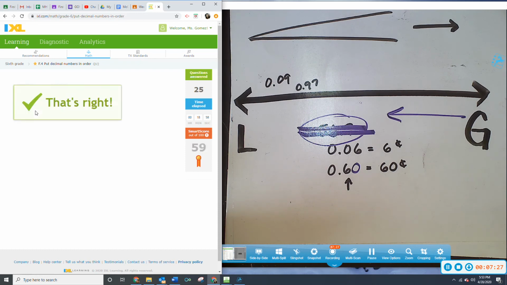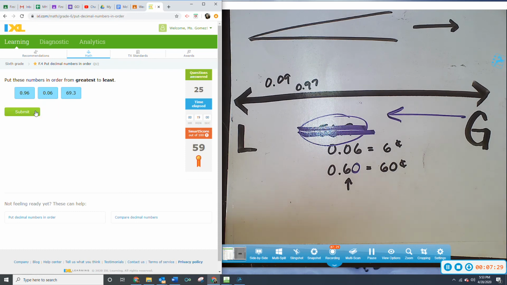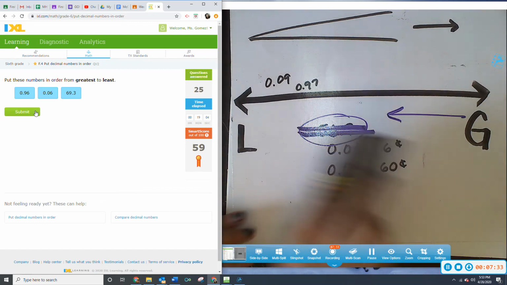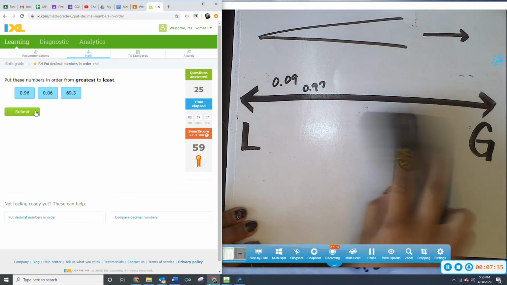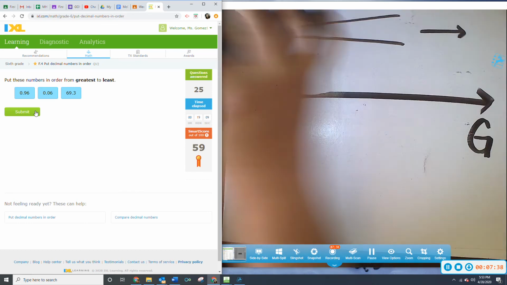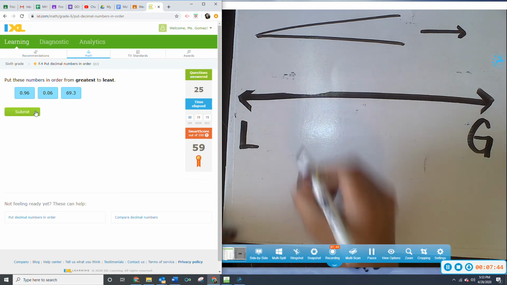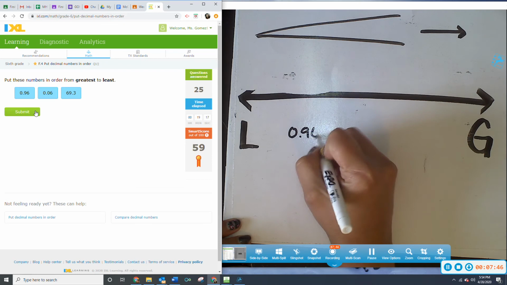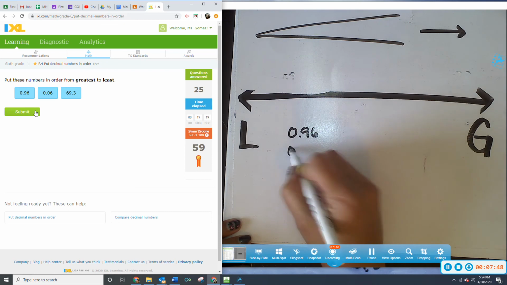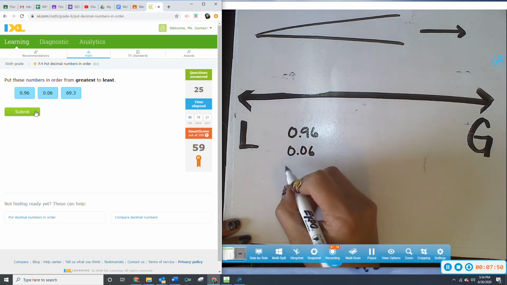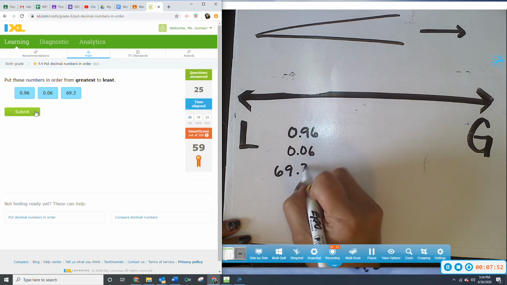Let's move forward. Ooh, this one is nice and easy. So let's double check to see what order it wants it in. And again, it wants it from greatest to least. So largest number first. I have 0.96, 0.06, and 69.3.